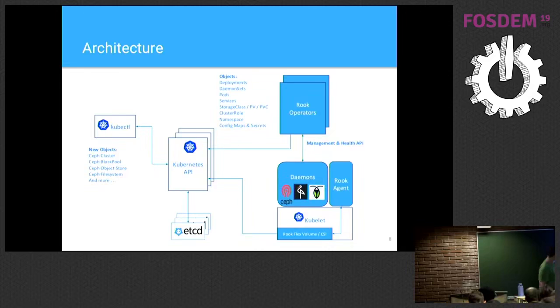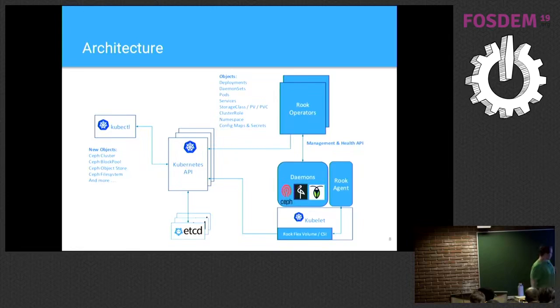If we start from here, we have our client utility with which we tell the Kubernetes API about these new objects, so that in the end we end up with objects like Ceph cluster, Ceph block pool, Ceph object store, Ceph file system, and for the other operators, if you install them too, those as well.